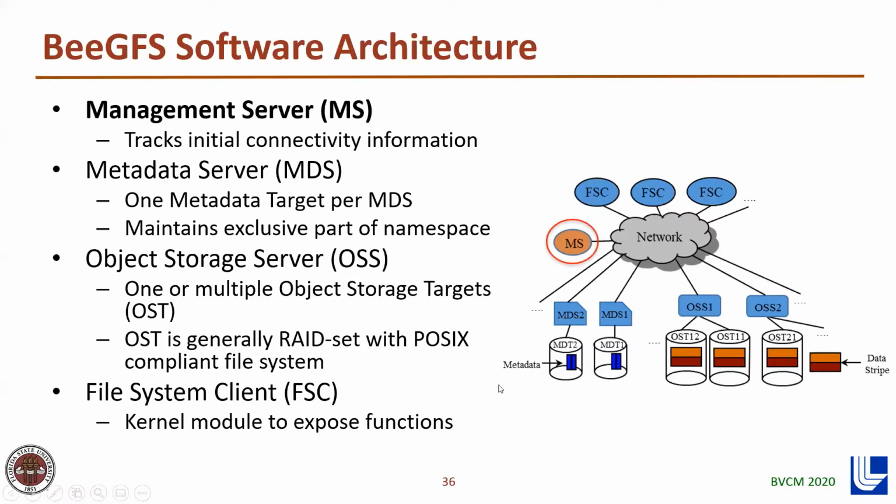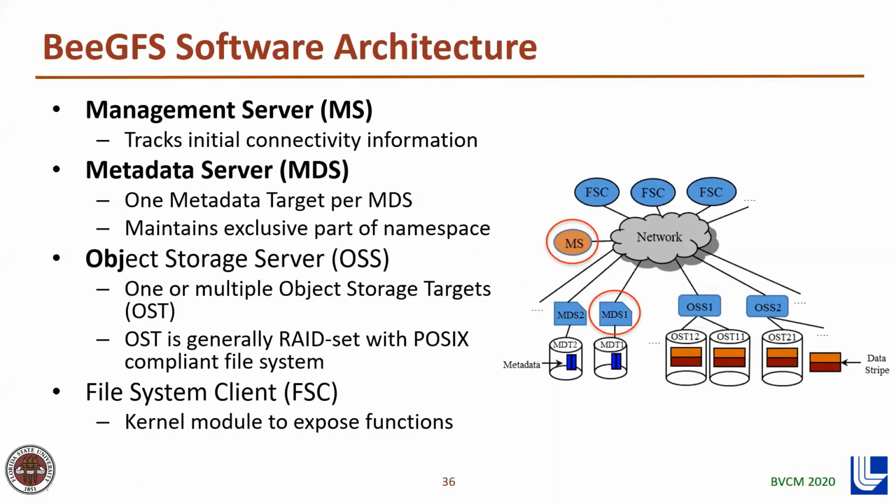Now, about the BeeGFS introduction. Just like any other parallel file system, it has a management server, and it can have only one management server, which keeps track of the initial connectivity information among all the services. Then it can have a metadata server that can be associated with one metadata target per server, and it maintains an exclusive part of the namespace for each metadata service.